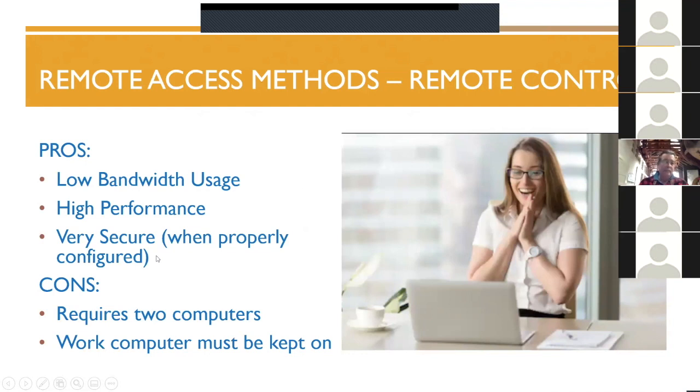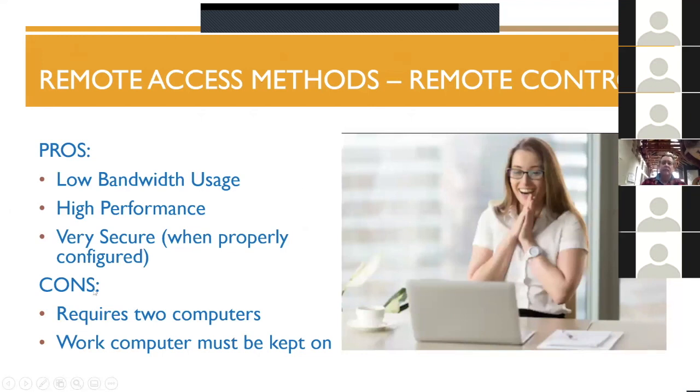Also, when properly configured, it is more secure than a VPN because, again, your computer does not become a part of the network. It just sends keyboard keystrokes and mouse clicks. So if you have a bad file on your home computer, it will not transfer to your office network.